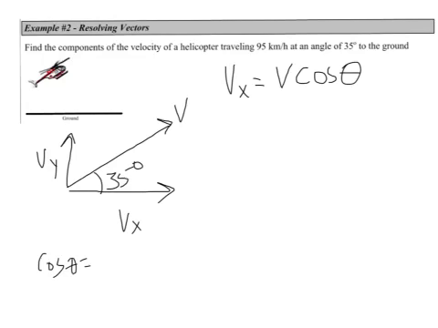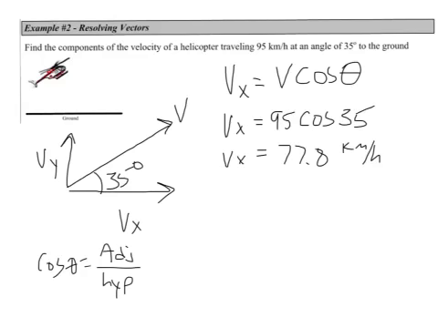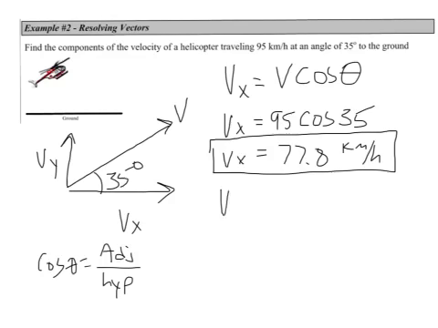Cosine is adjacent over hypotenuse. Okay, so substituting values and doing our calculation, we see that we get Vx is 77.8 kilometers an hour. If we want to know Vy, okay, now remember, because we can move a vector over, right? We could actually draw this velocity vector, this Vy, over here, just like this, right?